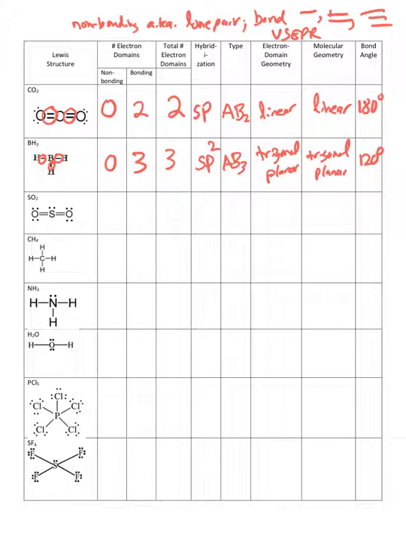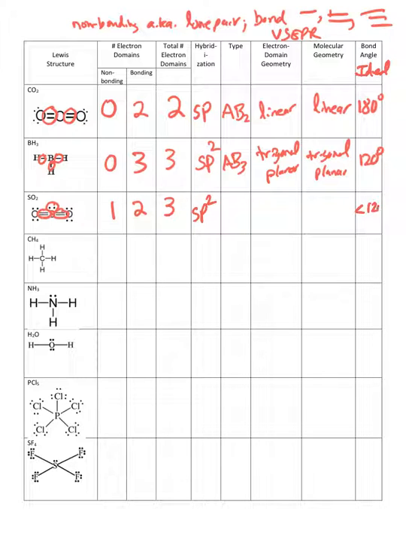The next one, SO2. Now we have one non-bonding or lone pair. We've got a pair of double bonds, each of which separately counts as an electron domain. It means once again we have 3 electron domains in total, so it's sp2. The ideal bond angle would be 120 degrees.